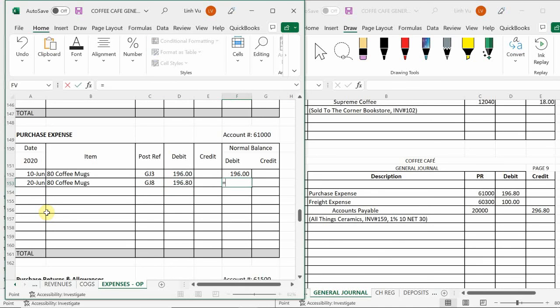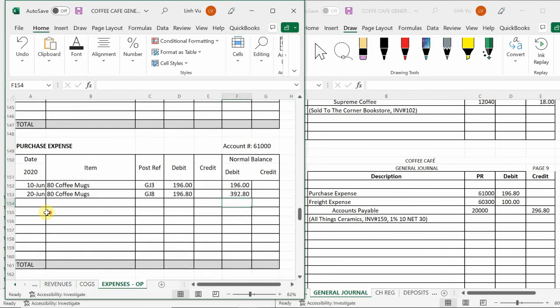So what's my total cost of my purchase expense? $392.80. 392.80.